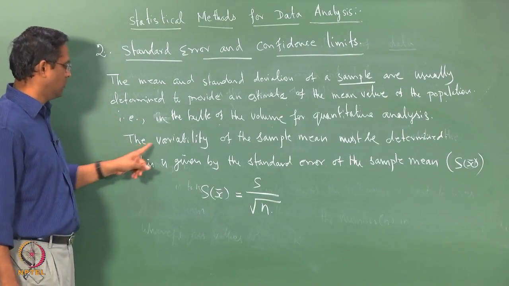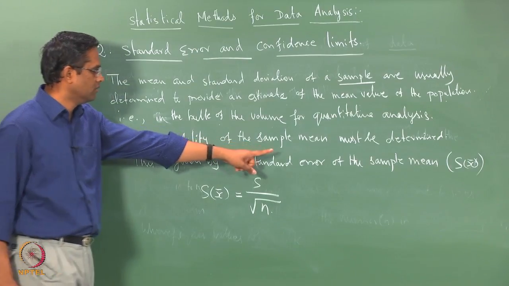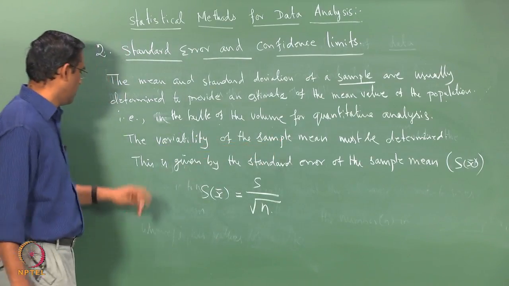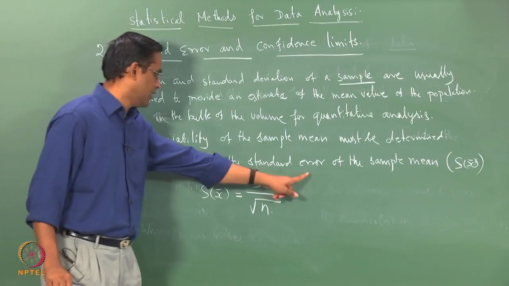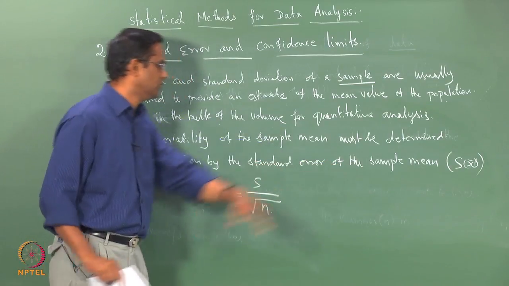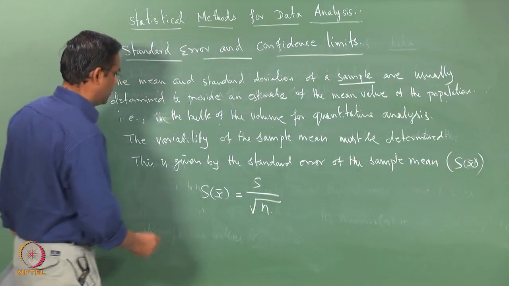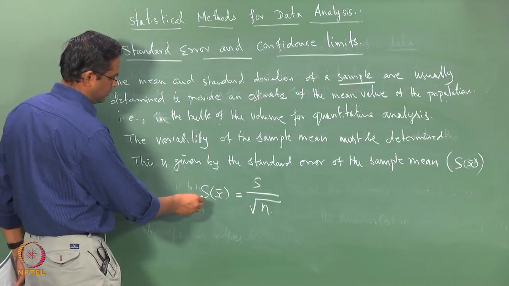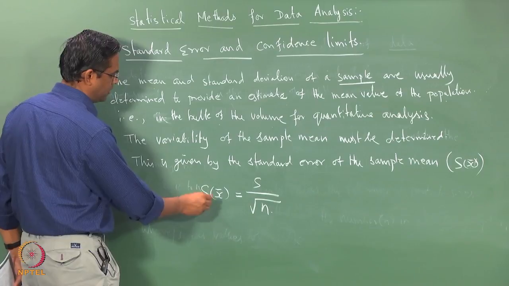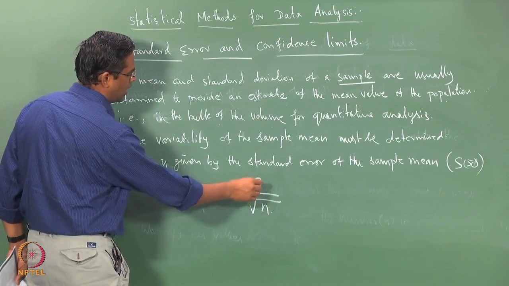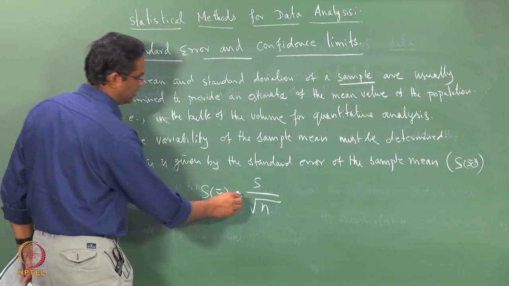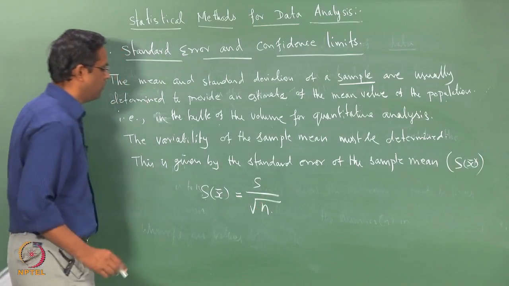We are trying to find out the variability of the sample mean, and this is given by the standard error of the sample mean, that is S x bar, which is related to the standard deviation like this. So, standard error, that is S x bar, is equal to small s, which is the standard deviation, divided by square root of small n.